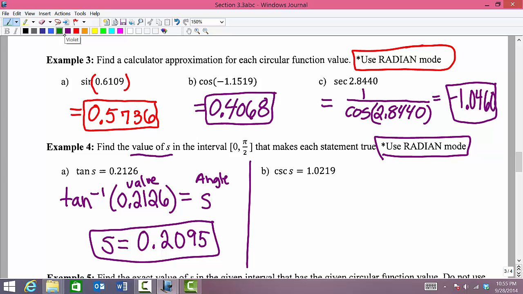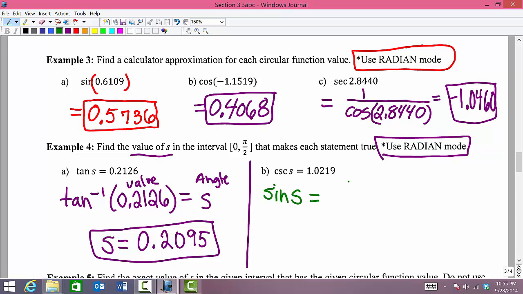Alright, now we are asked to find the cosecant value of s. So we're asked to actually find the angle s in radians, given that the cosecant value is 1.0219. Now, we do need to use the inverse function, but we don't have cosecant inverse on our calculators. So what we're going to do is we're going to take the reciprocal of both sides. So what is the reciprocal of cosecant? Well, we know that that is sine.